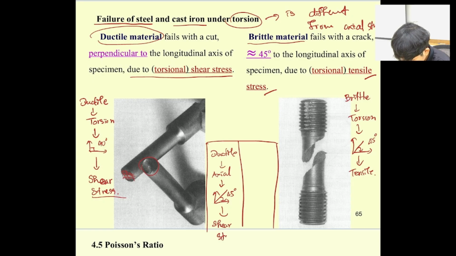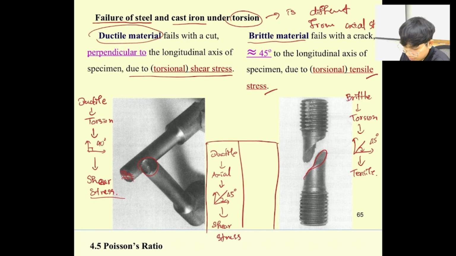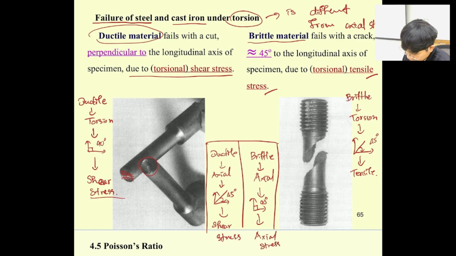And another one is the brittle material. We apply axial force, and it failed at 90 degrees, and it failed by axial stress. Okay, so this is the conclusion of the failures.